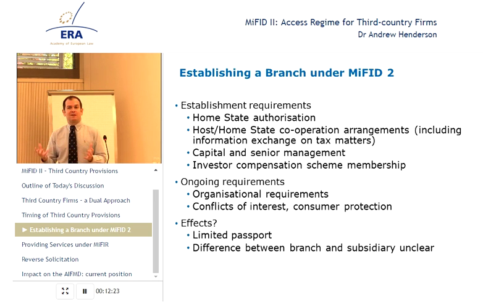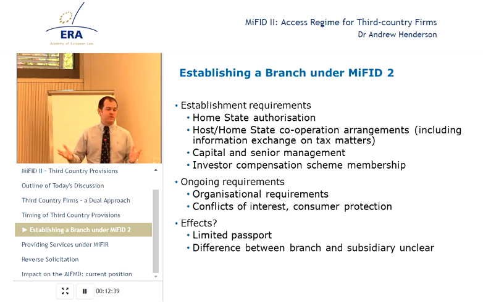And then there has to be investor compensation scheme membership. Again, a key aspect of any retail protection regime is that the firm pays its dues to the local compensation scheme, and there can be a payout in the event of its failure. There are additional ongoing requirements around organization requirements, conflicts of interest, consumer protection, typical requirements that you would expect to see if you were, let's say, a full scope MiFID investment firm authorized under local regulation.